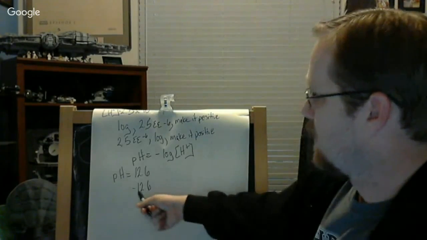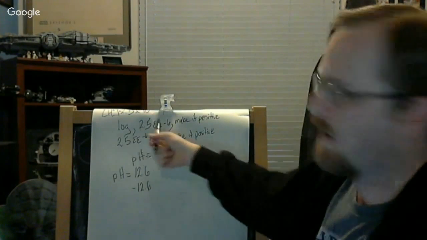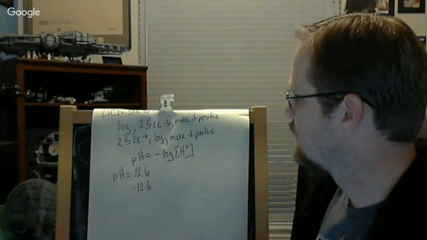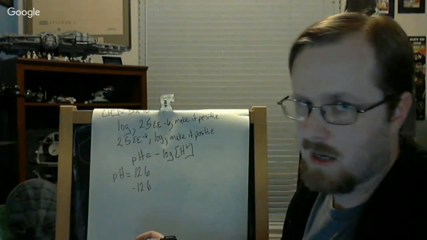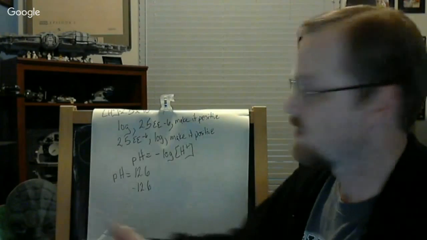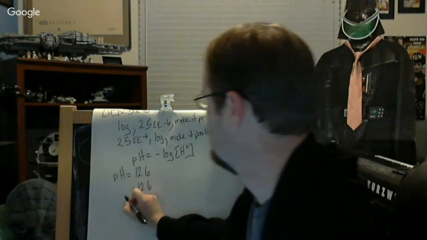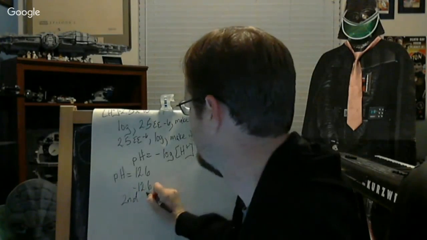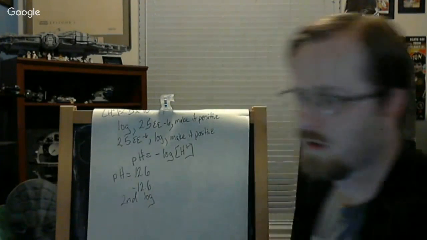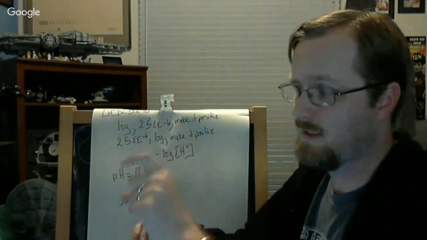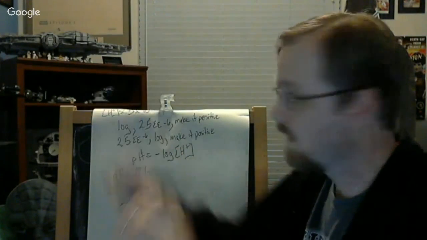All right, so I'm going to have a negative 12.6, and then depending on how your calculator works, let's say you have one of the calculators that requires you to type in the function first. So what you're going to type in is second log. And on your screen, what you'll see is 10 to the, and then your little cursor will be waiting for you.